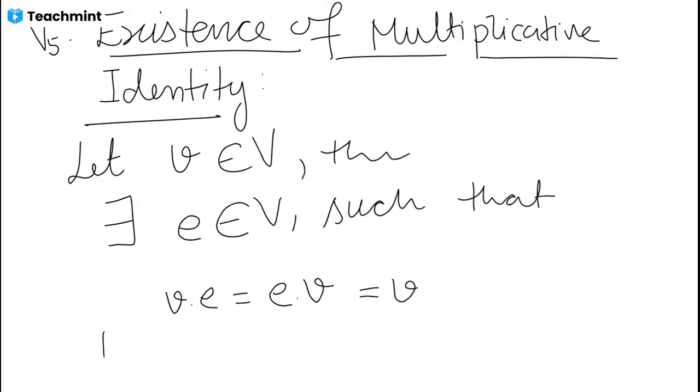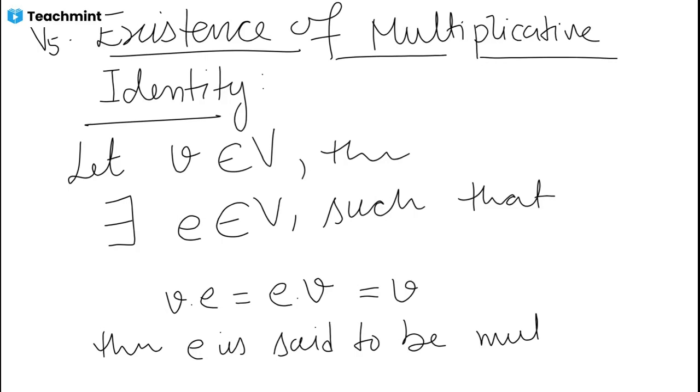Then e is said to be the multiplicative identity.